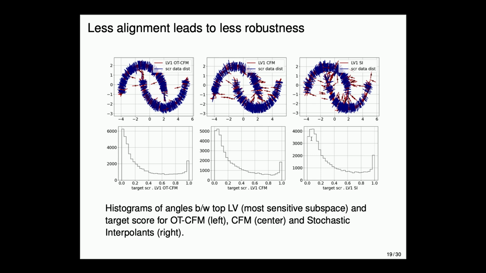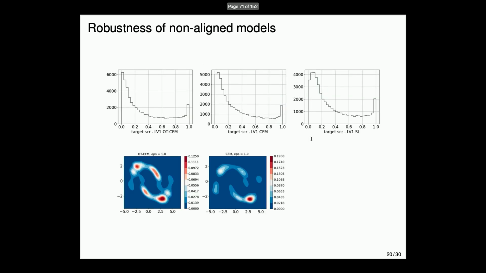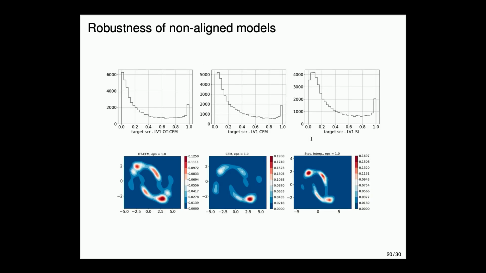Okay. For these 3 different algorithms, it seems like this one is the most aligned because it's almost close to 0. The angle between them, oh sorry, it's the cosine or the dot product, it's not the angle. So, when it's close to 0, they are orthogonal. This seems to be the most aligned compared to this and this, and we see this reflected in the robustness of the support.